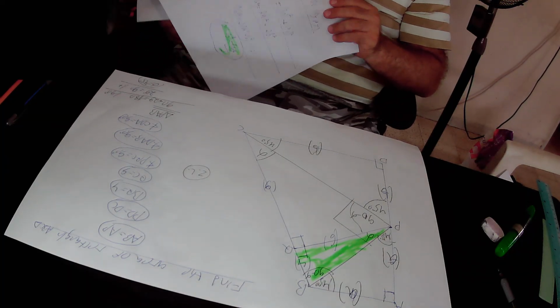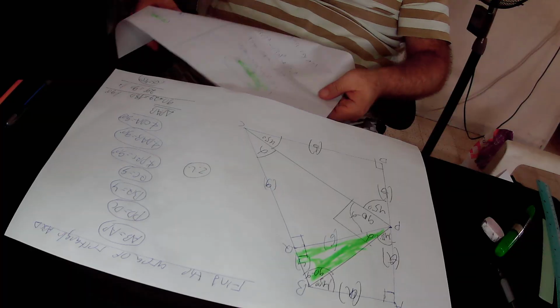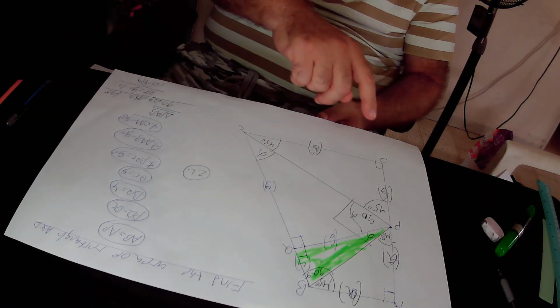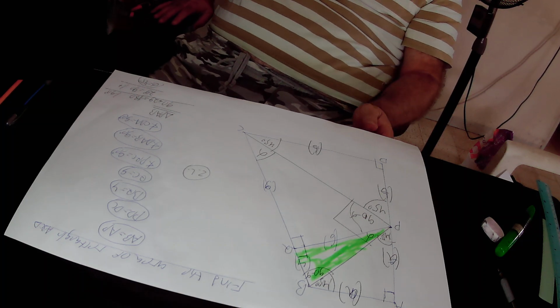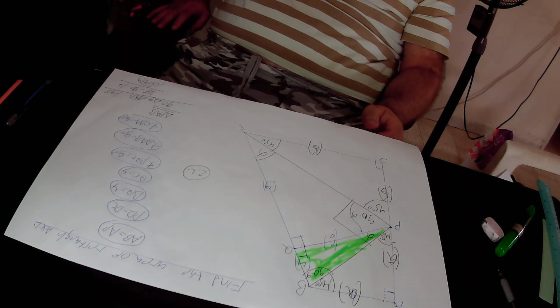In the next step, we implement the Pythagoras theorem on the big right triangle PBC. According to the Pythagoras theorem, in any right triangle, the square of the hypotenuse equals the sum of the squares of the perpendiculars.